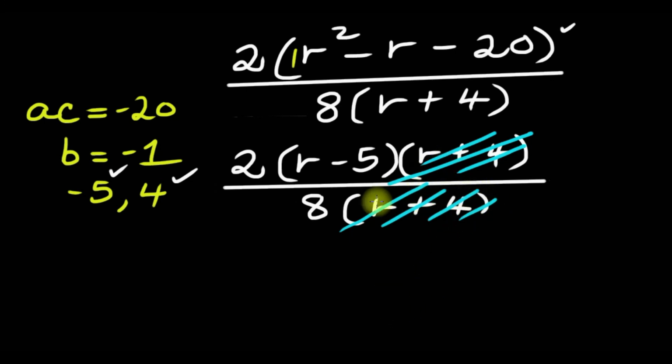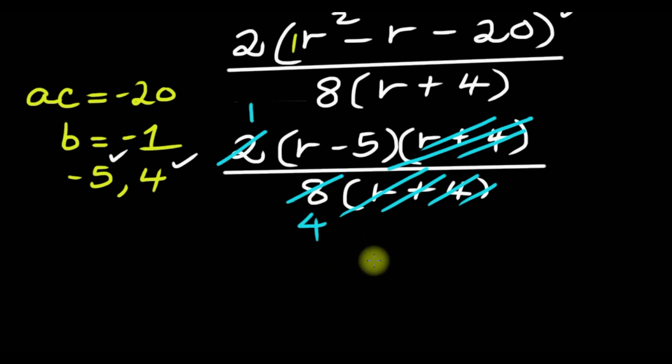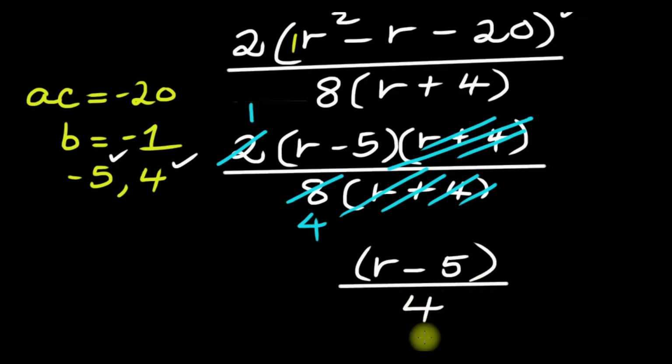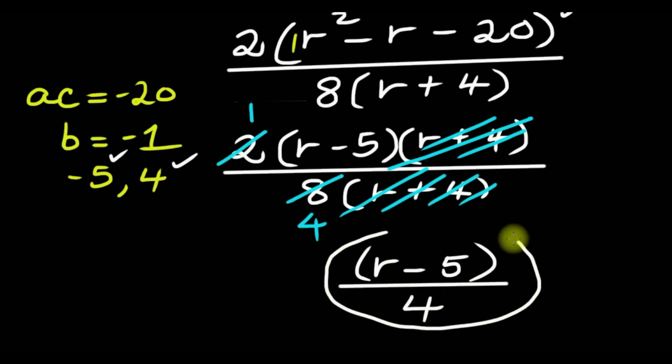So we're able to eliminate those. And then we can reduce 2 over 8 into 1 over 4. So you have r take away 5 left up top, and then your denominator is 4. Okay, and this is your final answer.